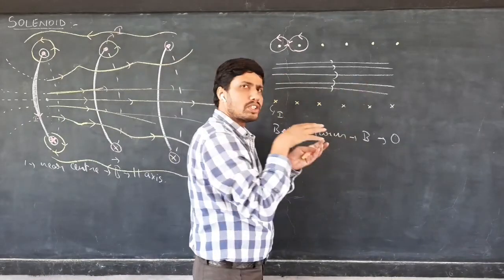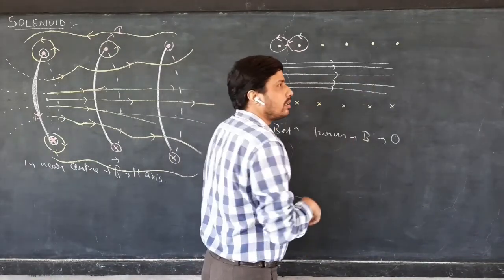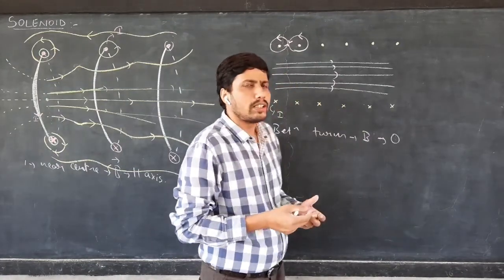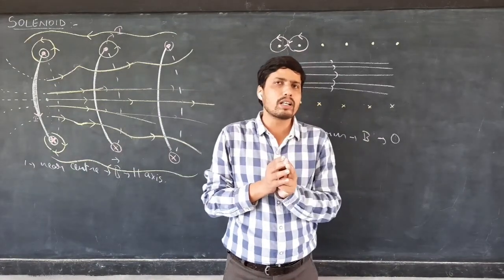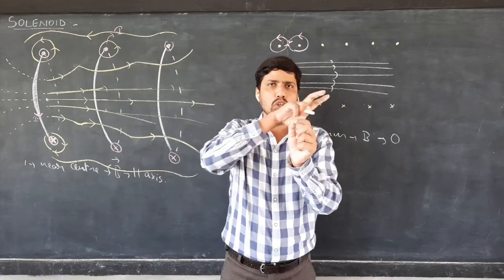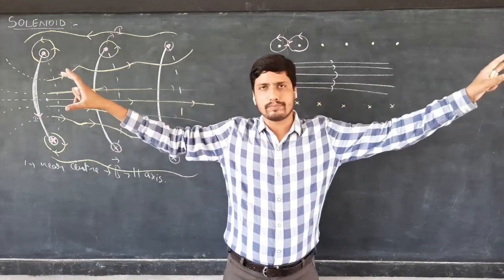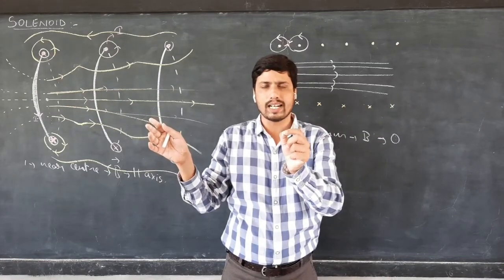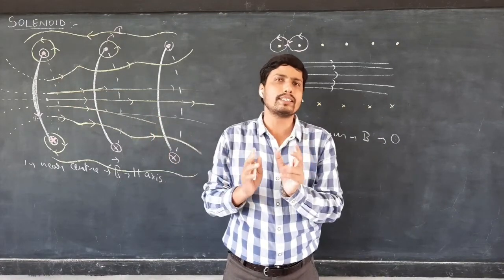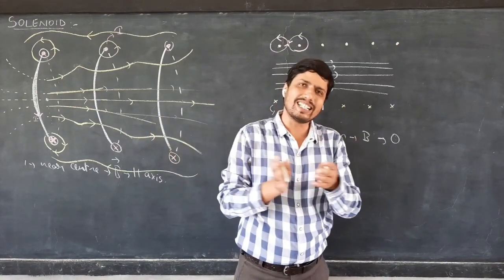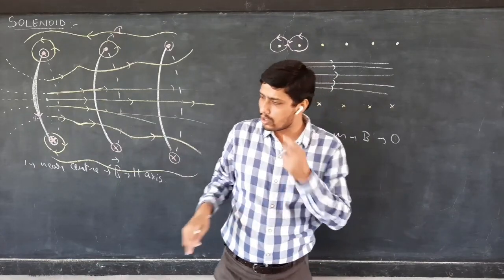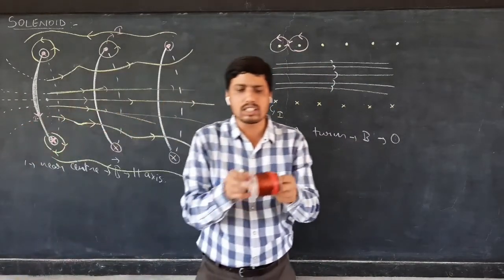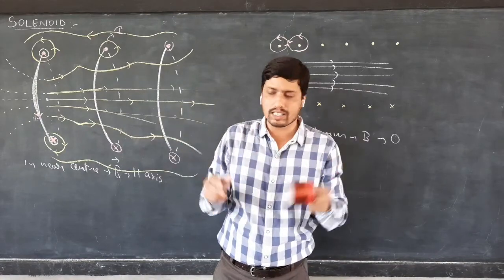Near the center, I have discussed, they will be almost parallel. Why do I say almost? Because they will become exactly parallel near the center of a solenoid which is infinitely long. If it is infinitely long, at the middle of the solenoid, we can say that the magnetic field lines are exactly parallel. But a solenoid like this is certainly not of infinite length.